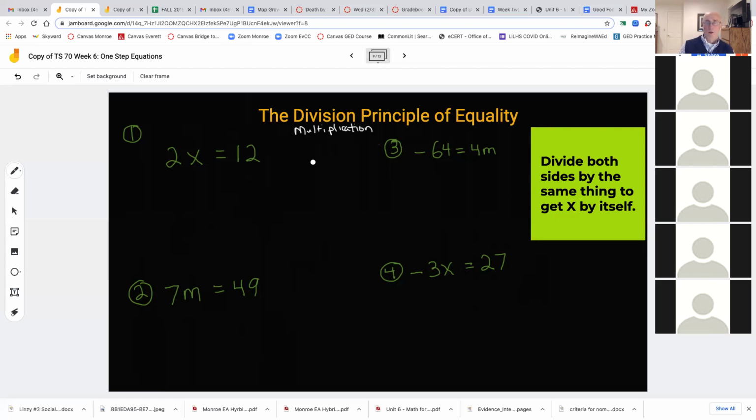So I'm going to give you another 30 seconds to copy these 4 problems down, and the rule, all right, the principle is that we divide both sides by the same thing to get x by itself. It looks like we're doing pretty good for time here.